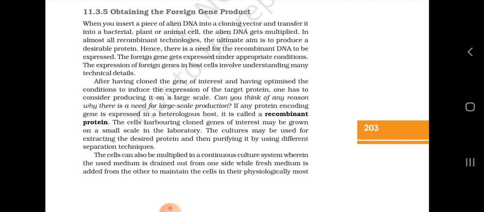Now this downstream processing, since it has to be done on a large scale, requires machines, and those machines are referred to as bioreactors. Bioreactors are vessels of large volumes of around 100 to 1000 liters, in which the raw materials are biologically converted into specific products. What is the advantage of bioreactors?